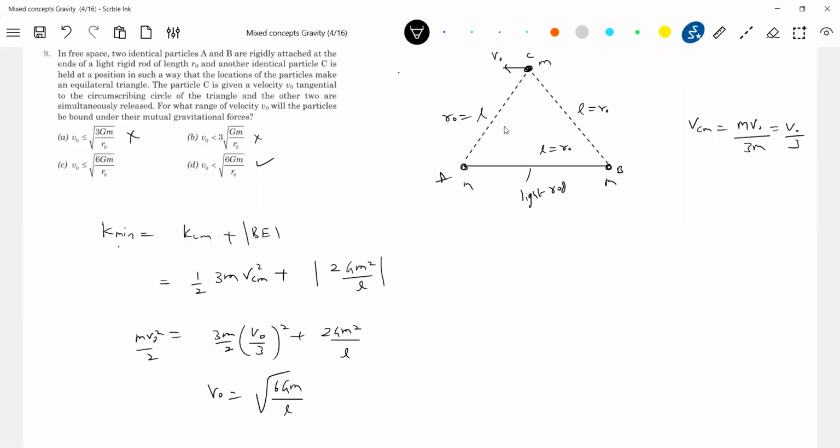What we discussed for escape velocity, the idea was like this. What about Earth? Earth was fixed here. Now we are doing a problem where this Earth is also mobile. If Earth is also mobile, then you should discuss this one. If this is fixed here, then you should project with a kinetic energy equal to binding energy. Getting the idea?